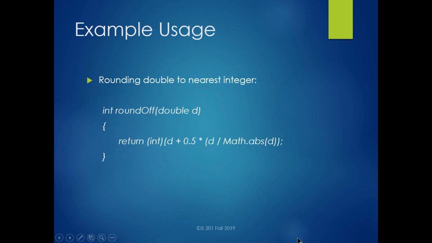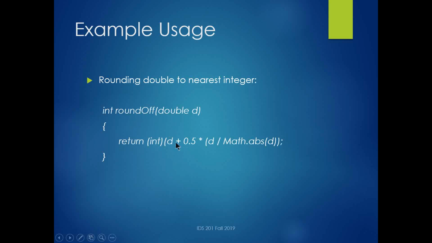Okay. So, simple example, absolute value accepts a number. In this case, it's a double, so abs will return the value of d. And this is an example of rounding a double to the nearest integer. If it is a positive number, we want to round up if the decimal part is 0.5 or greater. If it's a negative number, we want to round down if the value is 0.5 or greater. So essentially we're returning an int.